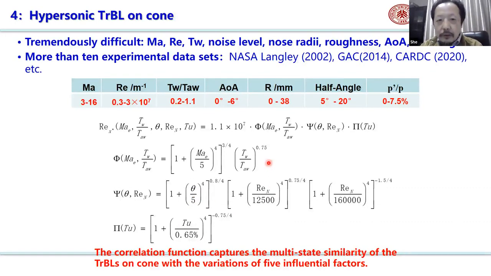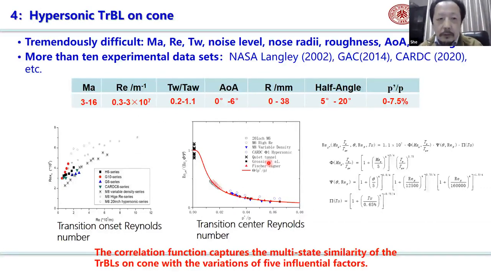With this formula, the first thing we did is take the bunch of experimental data in the literature and plot them: vertically the transition onset Reynolds number, and horizontally the incoming surface Reynolds number.